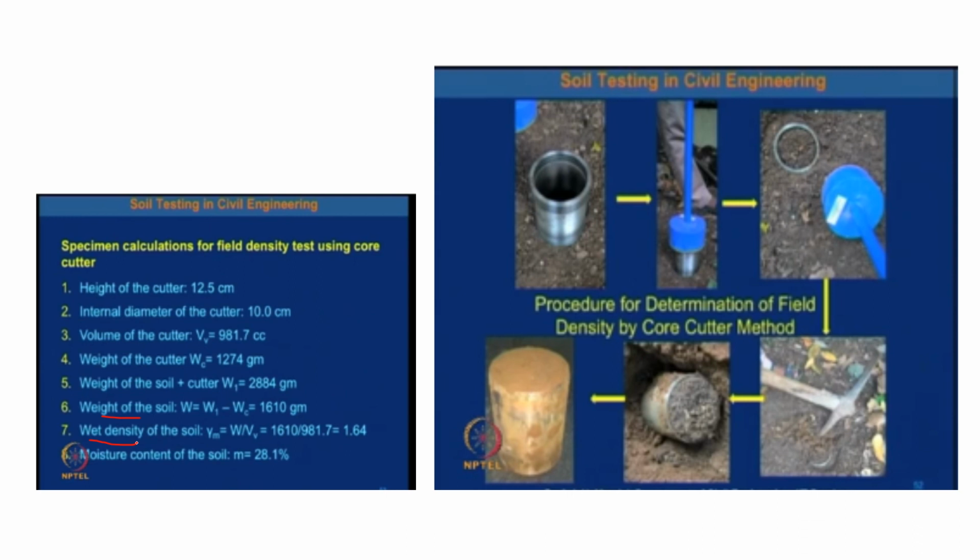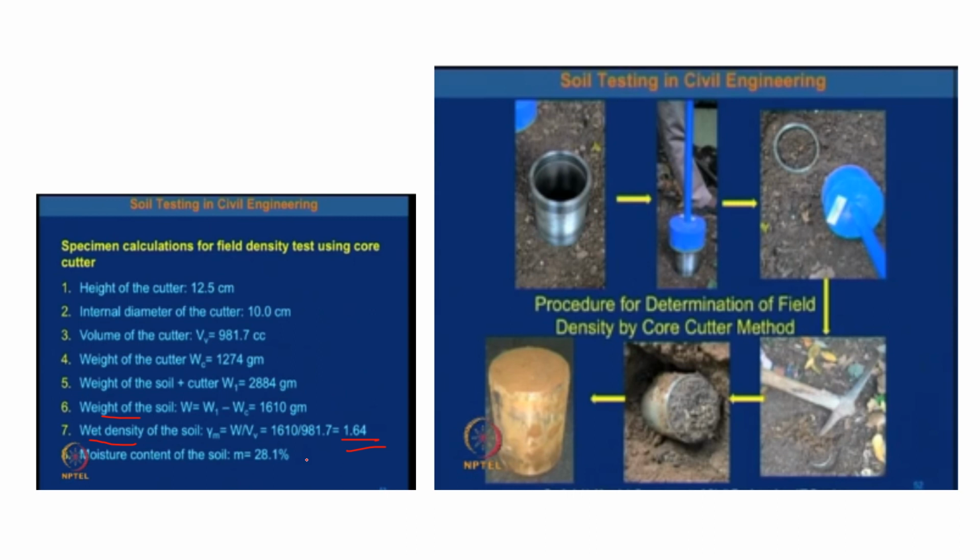We call this the wet density or bulk density. When the soil is partially saturated, not fully saturated and not dry, we call that the bulk density in general. Your bulk density is your weight divided by the volume of your cutter, which gives the wet density.